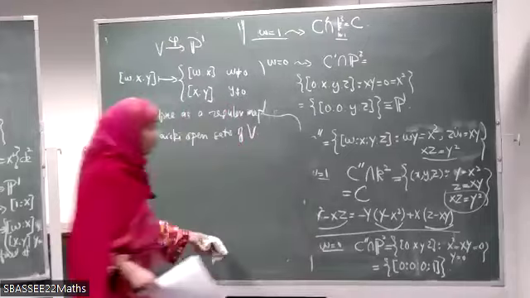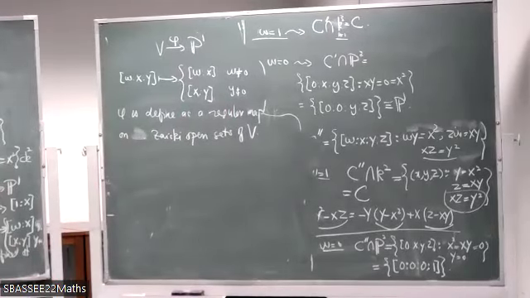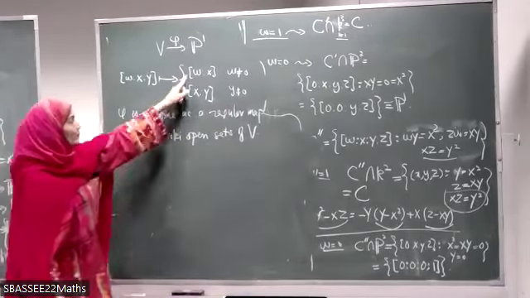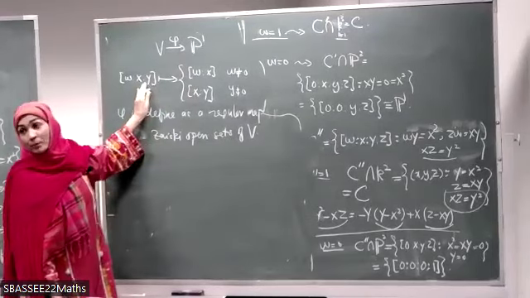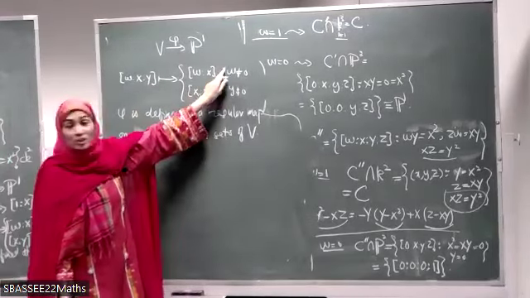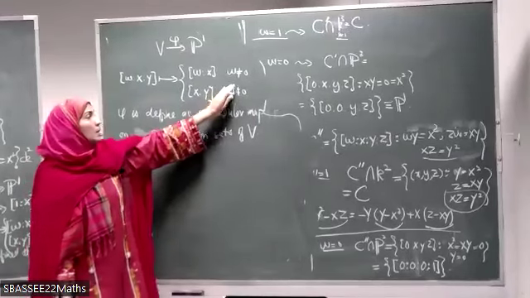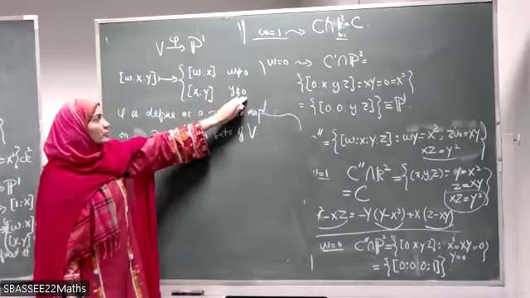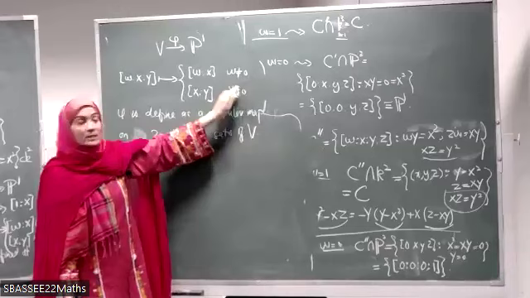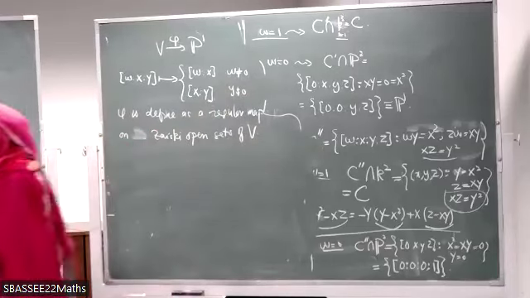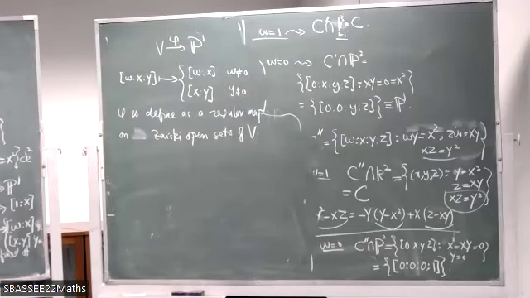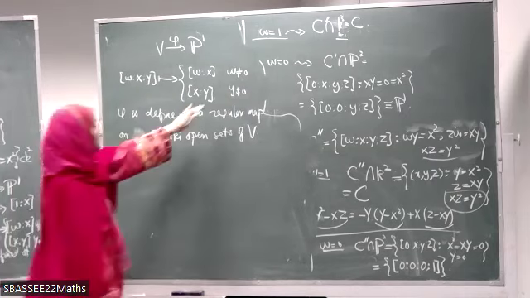One more thing you can see here is that this is a very well defined map. When you go to the intersection of those two open sets, you will see that you get the same answer as we have here, because x non-zero, y non-zero. So I can write here x non-zero.